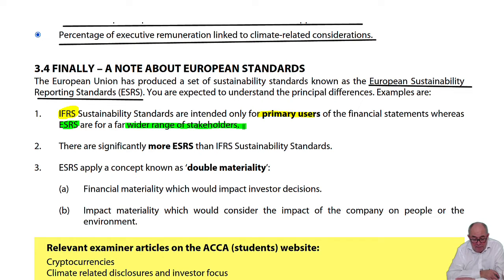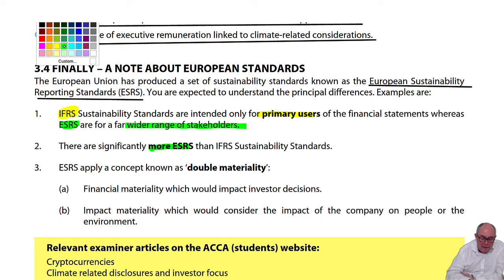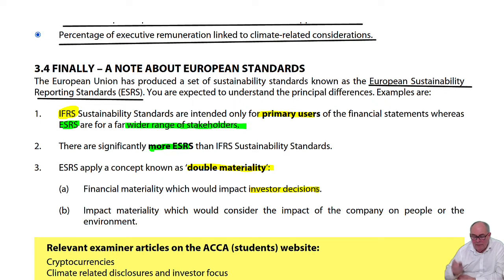Second point, because the European standards have been around for longer, there are more European standards. That's easy. And finally, the same theme as number 1, the concept of double materiality. So when we consider what should be disclosed, think about things that would impact investors. That's like the IFRS focus, isn't it?